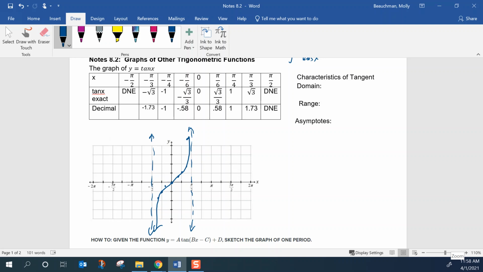So the characteristics are much different than the sine and cosine. So the domain of our function, notice that the vertical asymptotes occur every pi, and they start at pi over 2. So a way to write your domain is pi over 2 plus any multiple of pi times k, where k is an integer.